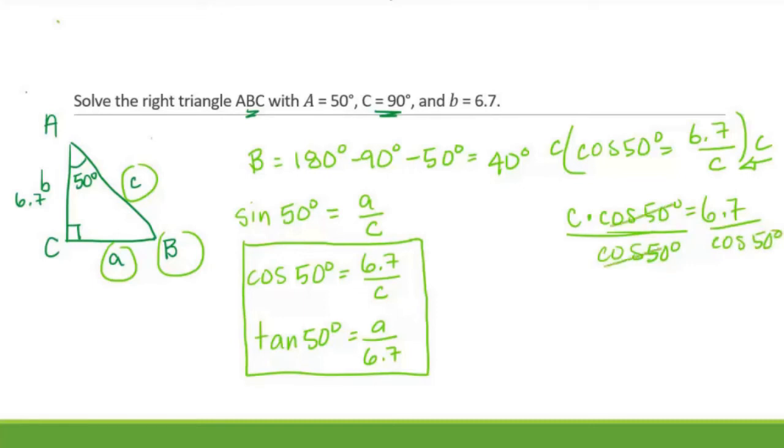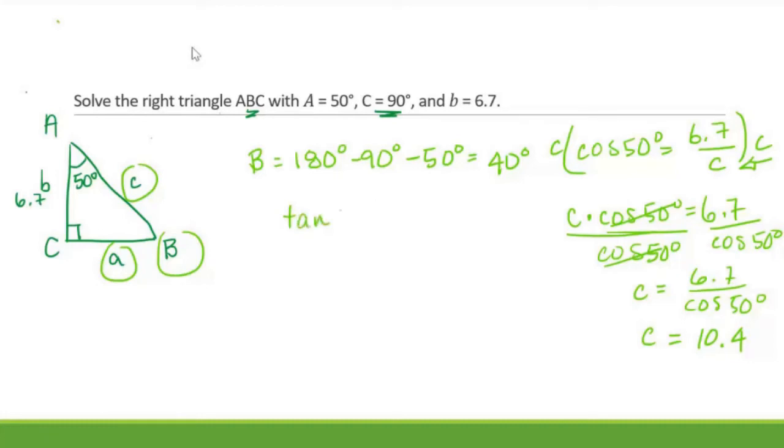That eliminates cosine of 50 degrees and allows us to solve for C. So C is 6.7 divided by the cosine of 50 degrees. You're just going to punch that into your calculator and we come up with 10.4. So side C has a length of 10.4.